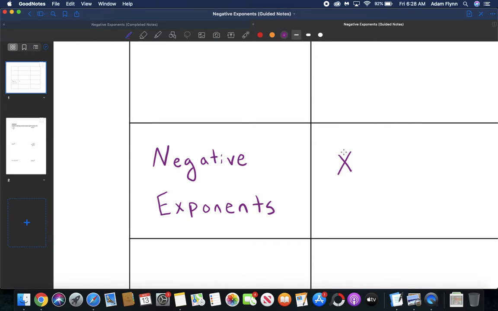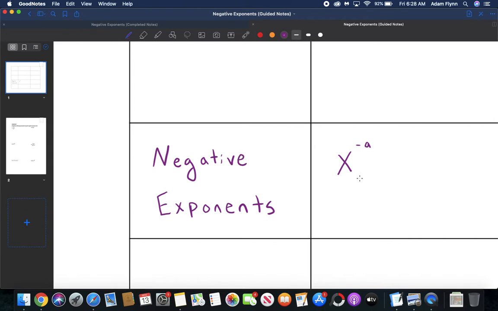Again, this x is interchangeable with any other base that you would like to use or that you were given, to a power of negative a. So this negative a represents our negative exponent, the one we're referring to in the rule here.